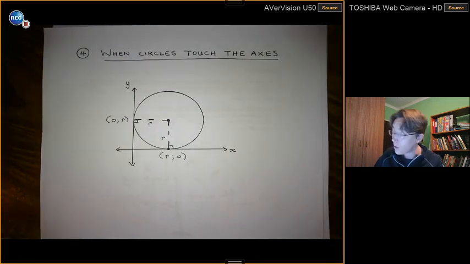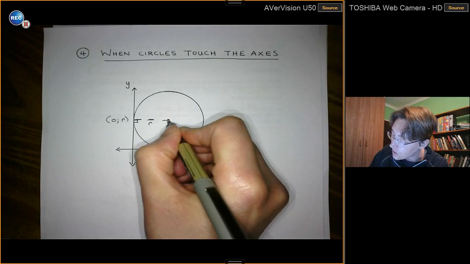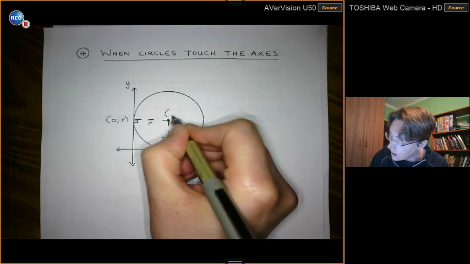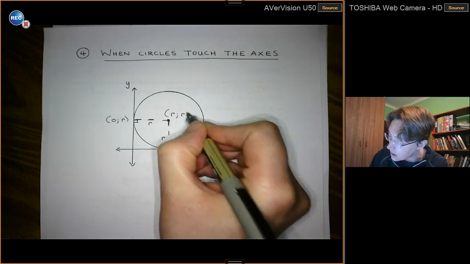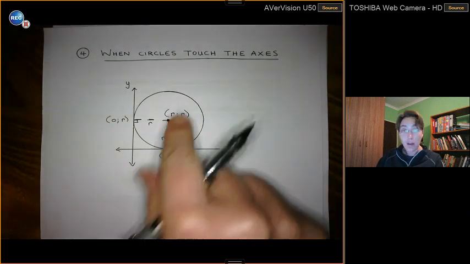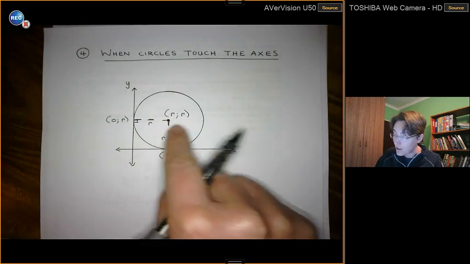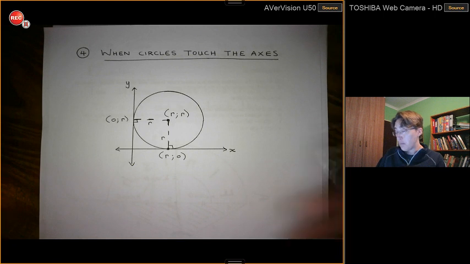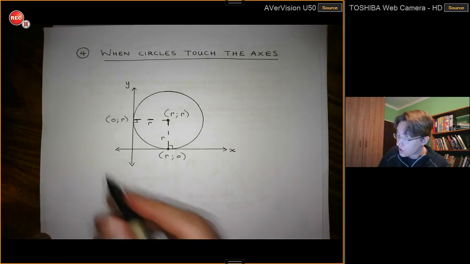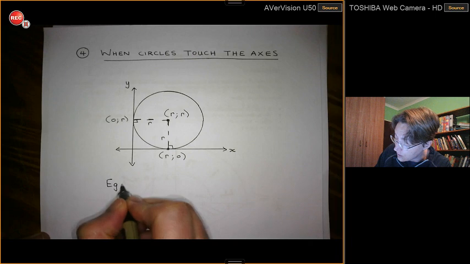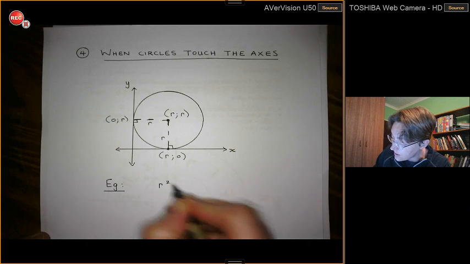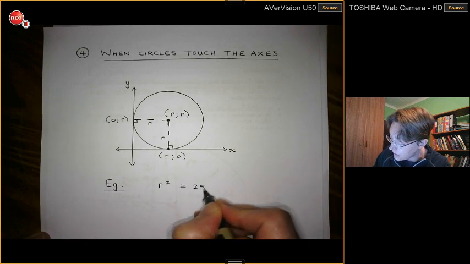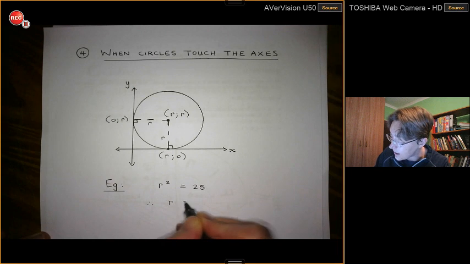And then even more important, the center of the circle will have the point (r, r). Because if you can figure out what the radius is, you'll know exactly what that point is. So if you had the knowledge that the radius squared is equal to 25, therefore the radius in this case is positive 5.